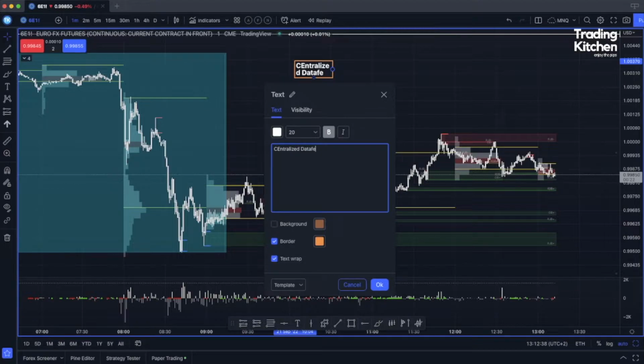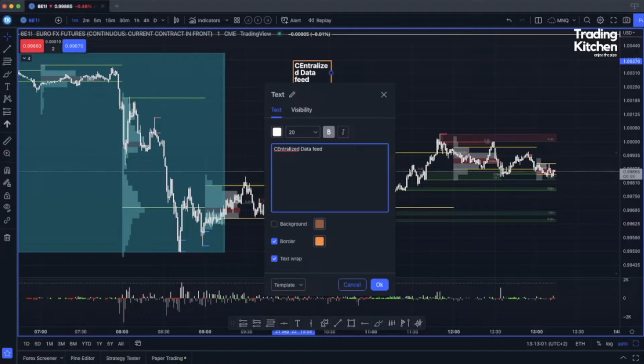you have to take a look at futures. So all the volumes, the real volumes that are really playing the market in that moment. So to do that, you have to subscribe to a centralized data feed.